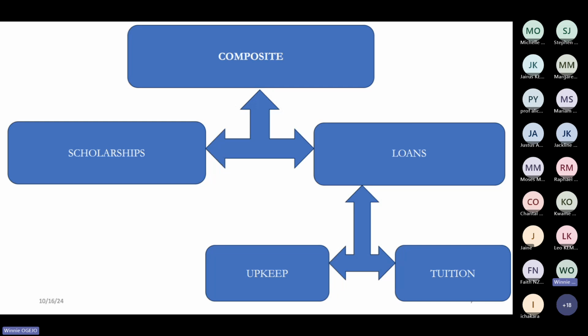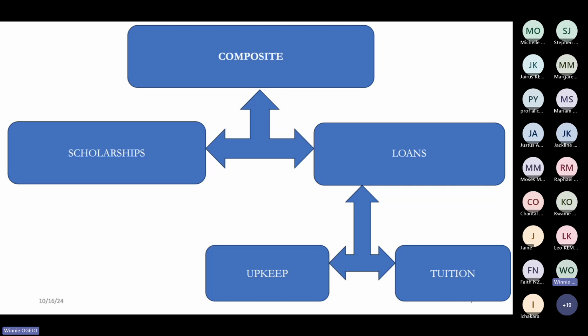This composite just speaks to the total amount of loans distributed or disbursed by the Higher Education Loans Board. And then this composite is split into two parts. We have the scholarship component and we have the loans component. The scholarship component is considered a transfer and is not repayable.